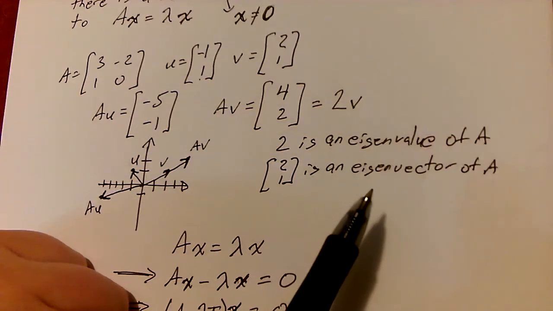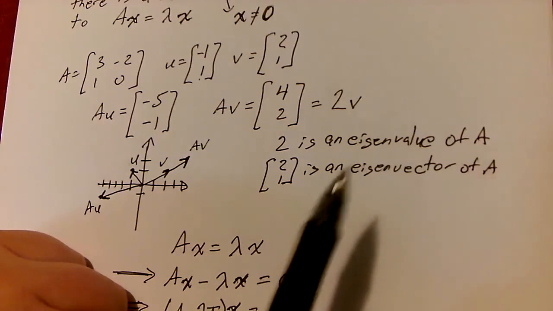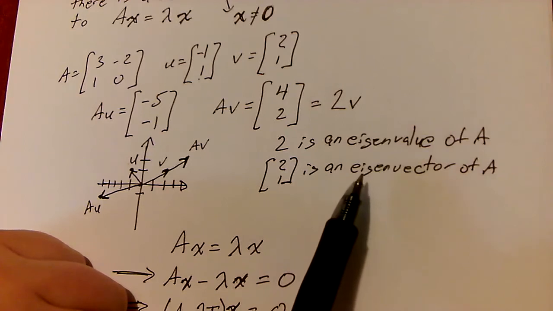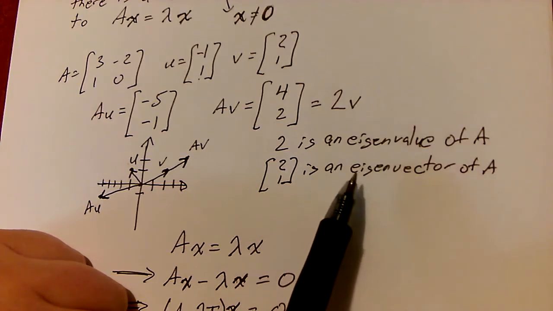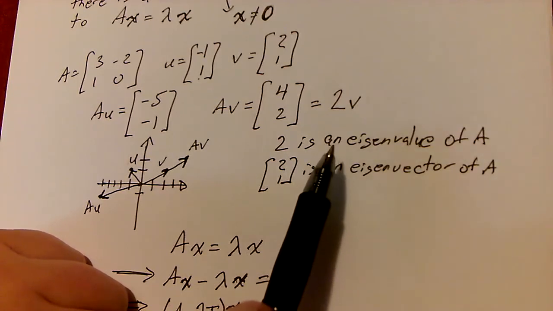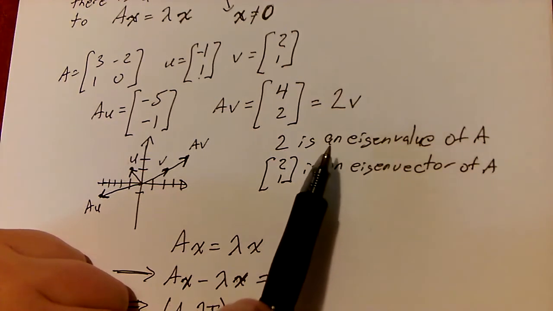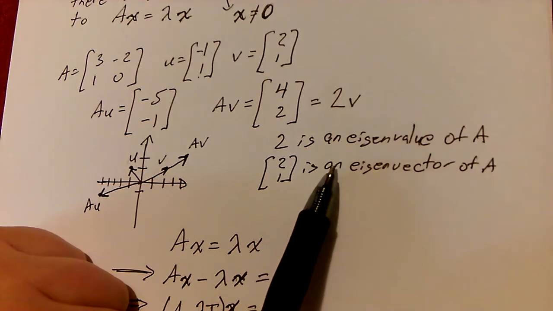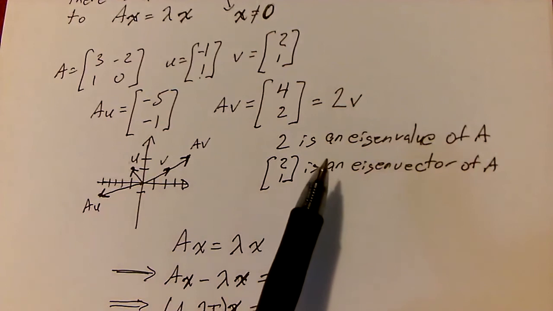Now you can have an eigenvalue with more than one eigenvector, but you have to have a pair. You can't say it's an eigenvalue but I don't know the eigenvector. Well, you can find the eigenvector. And you can't have an eigenvector and say I'm not sure what the eigenvalue would be. You've got to have that paired relationship, okay?